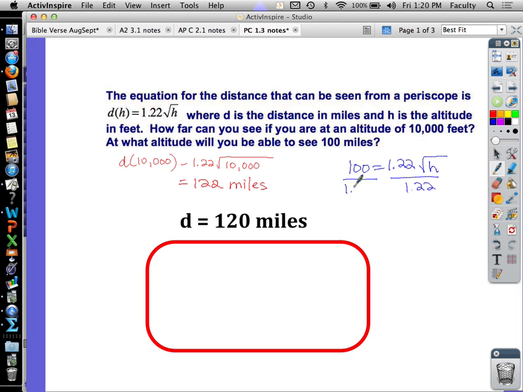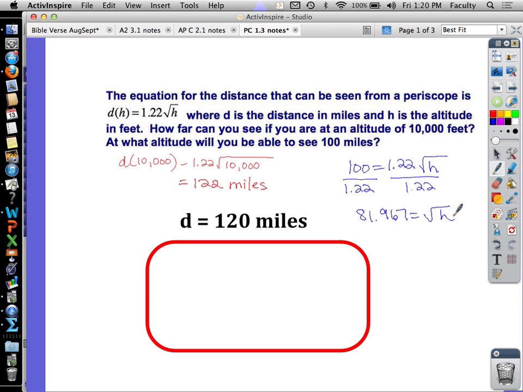Okay, so let me use my handy dandy calculator and take 100 divided by 1.22. Now, what I want you guys to get used to is on the calculator screen itself, you see the decimal the whole way out. Don't round it. And now, what would I need to do to both sides of this equation to find h?